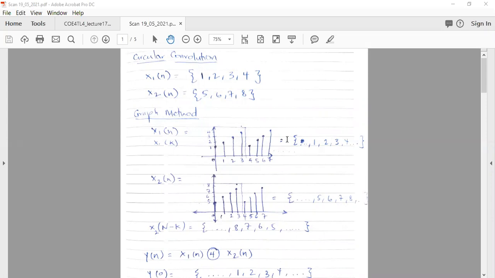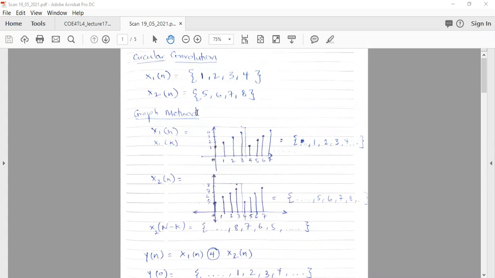The other one is the DFT method that I'm not going to touch on, because I believe everyone should know it's directly transforming the equation into DFT. So let's start. Let's say we have two sequences. Sequence one is a set of four numbers, 1, 2, 3, 4, and sequence two is another set of four numbers, 5, 6, 7, 8.